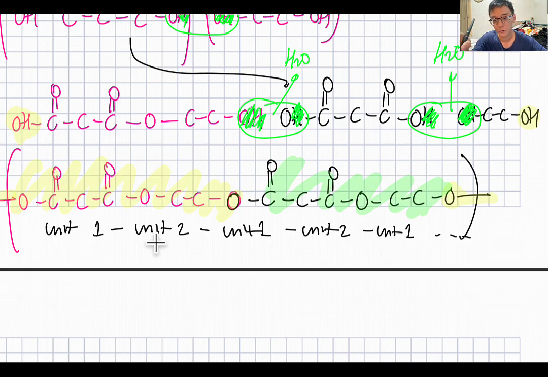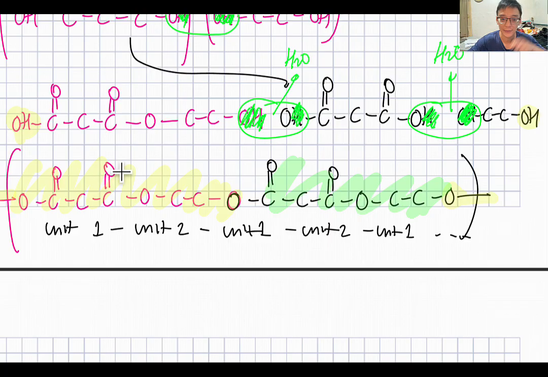So 1, 2, 1, 2, 1, 2, repeating indefinitely. See the difference between condensation and addition. For addition, it's typically just 1 unit with a double bond repeating, while for condensation, it involves 2 functional groups, and then you expel a water molecule from the combination of these.